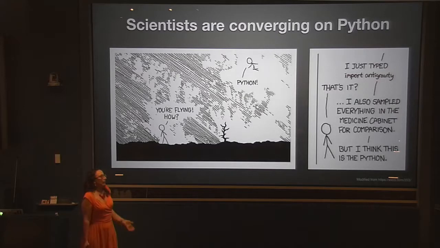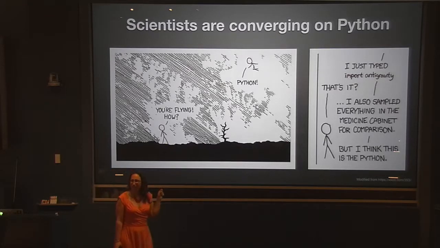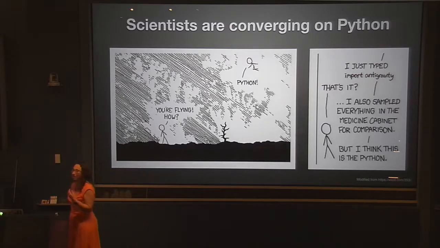That's it. And sometimes I ask someone, "Oh, how do I do this?" and they say, "Import this." And it's like, oh, okay. It's a very readable language and a very intuitive language compared to other things.